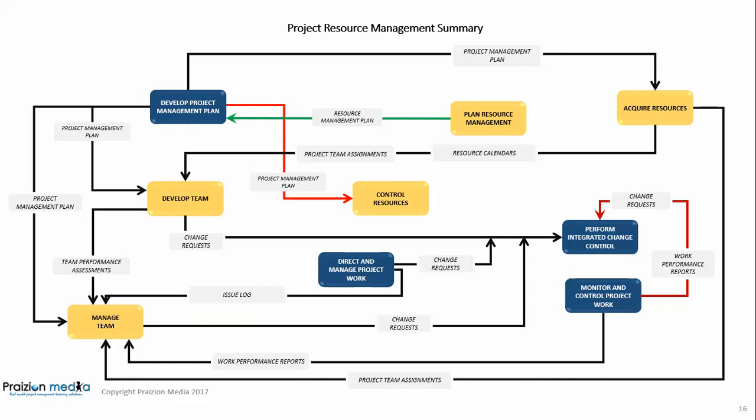Now, in the real world, this doesn't happen in strict rotation and rote fashion. Changes to the team may not necessarily have to go to the perform integrated change control process. However, theoretically speaking, as you read the PMBOK guide, follow the process, embrace the process, and understand the flow.